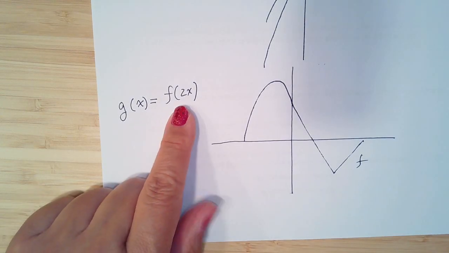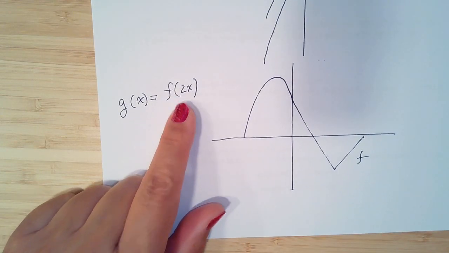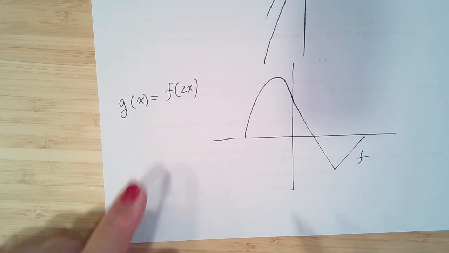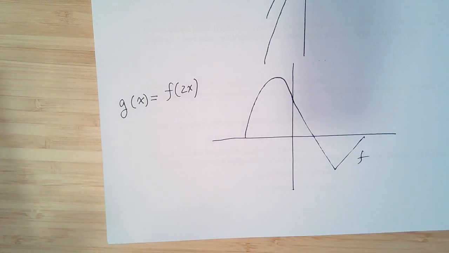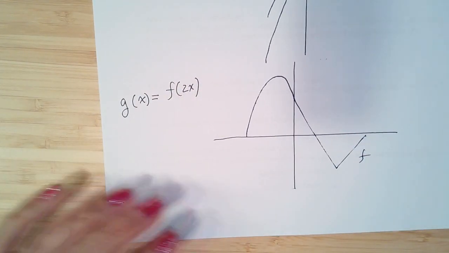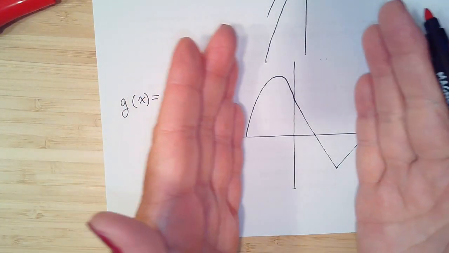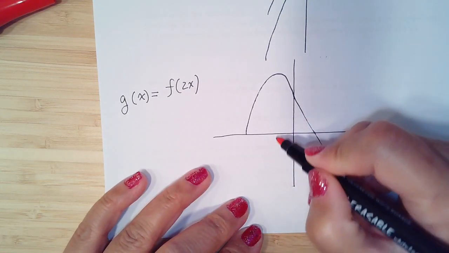Remember, every time you work with this x, it's the opposite of what you think. If it's a y, where you just multiply by 2, then you vertically stretch by 2. But this one you have to horizontally squeeze by a factor of 2. So I want to use a different color. So you squeeze towards the y-axis.